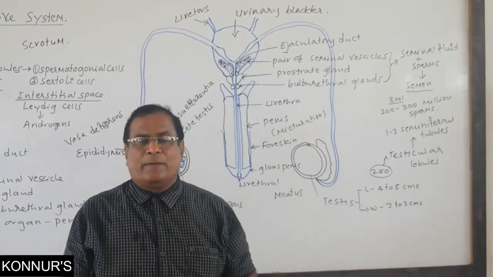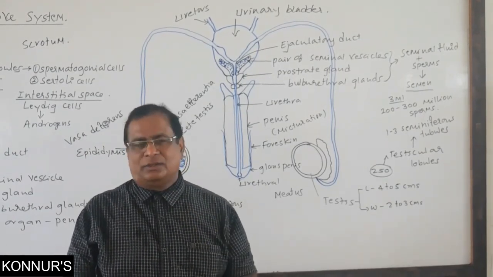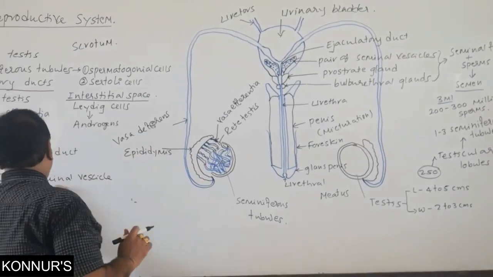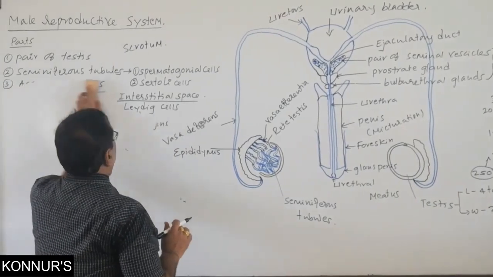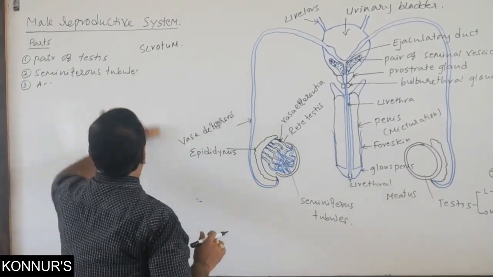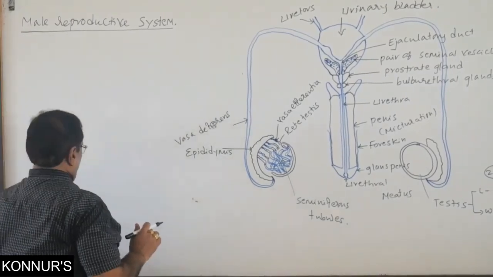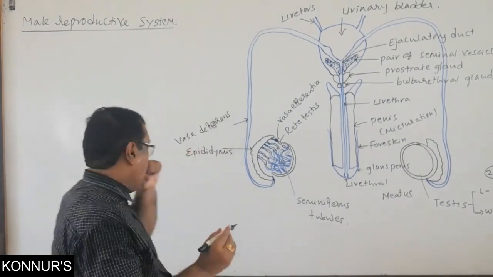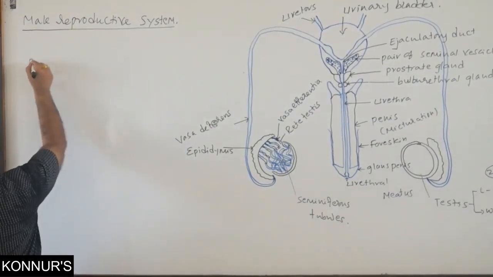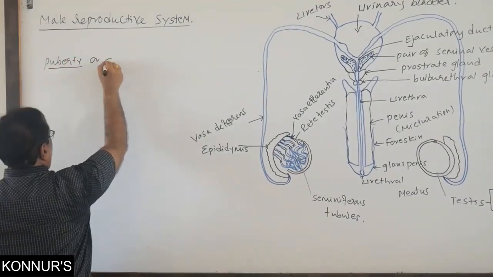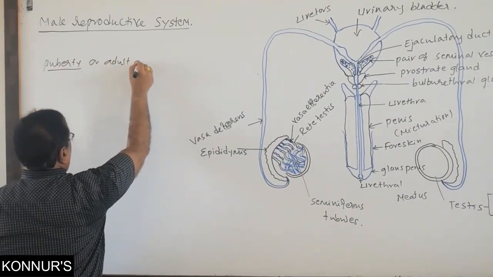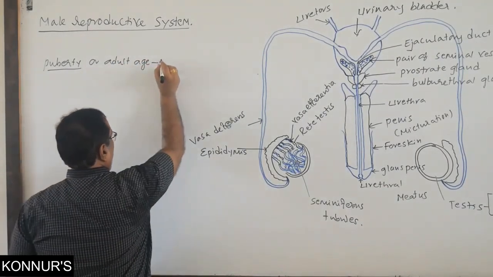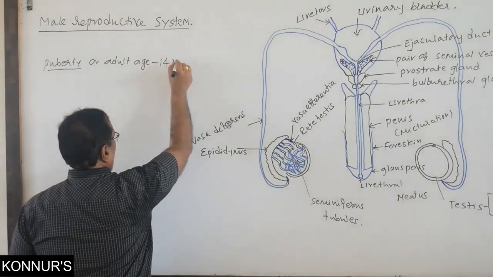Now, sperm production in the testes starts when males reach puberty age, adult age. Puberty starts in males when they become 14 years old.